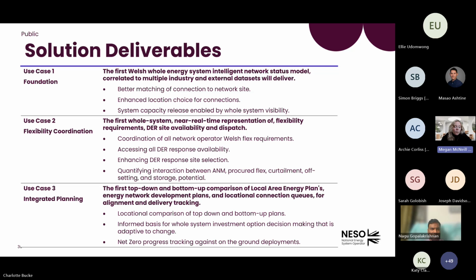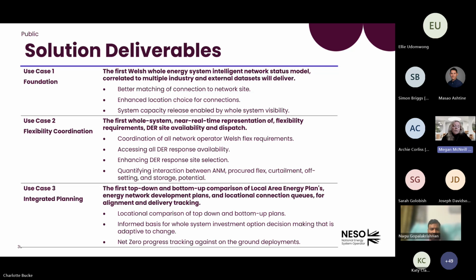The other challenge that was raised was around flexibility, and that at the moment flexibility is not necessarily treated as a whole system resource. This isn't just for Wales, but the UK generally. There is the view that transmission and distribution flex coordination isn't as transparent.